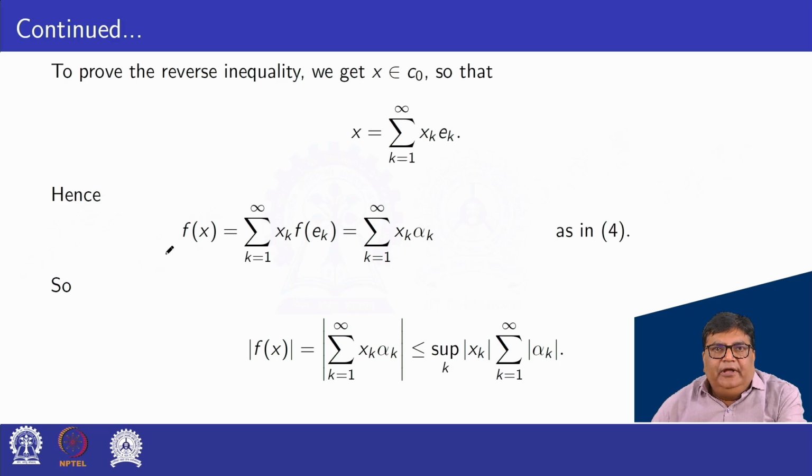So mod of f x equals mod of the summation k equal to 1 to infinity of xk alpha k, and this is less or equal to the supremum of mod xk times the summation of alpha k. Because if we take the supremum value of xk in the expansion of this summation, we can take the supremum of mod xk out of the summation. So mod f of x is less or equal to the supremum of mod xk times the summation k equal to 1 to infinity of mod alpha k.